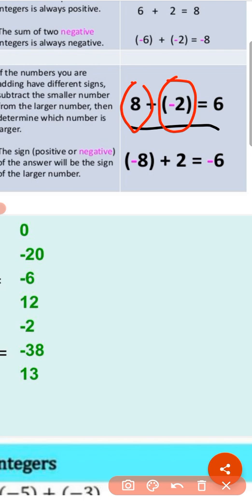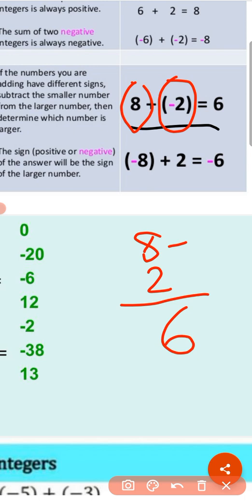In such cases, you subtract the smaller number from the larger number. That is 8 minus 2. What is the answer? 6. Then put the larger number sign. Here the number having larger value is 8. Since 8 is positive, our answer is also positive 6.